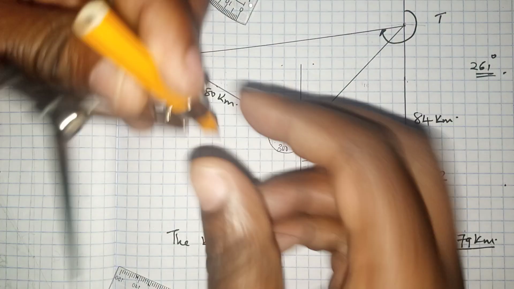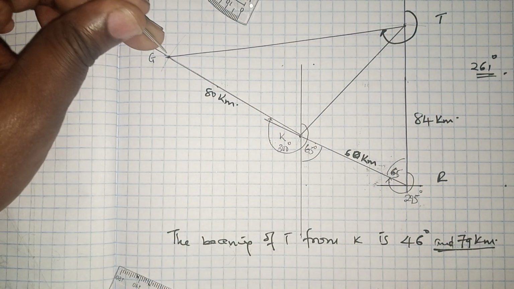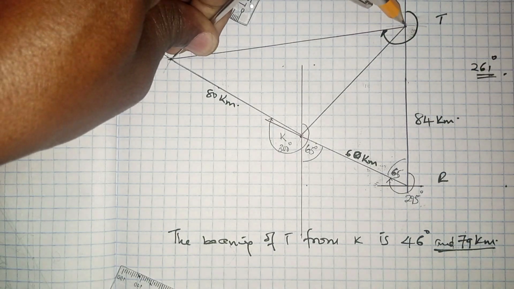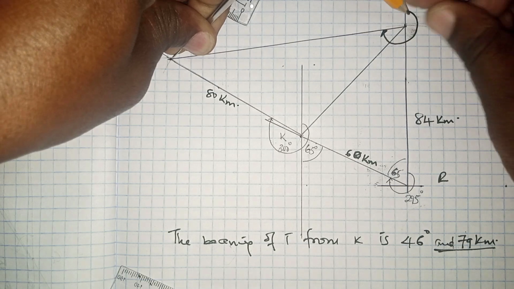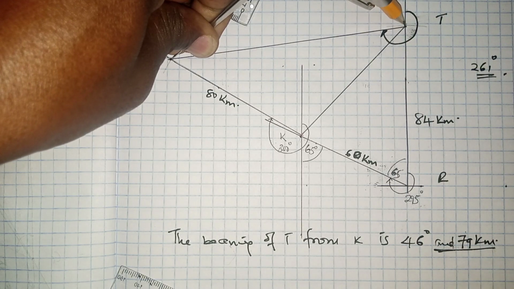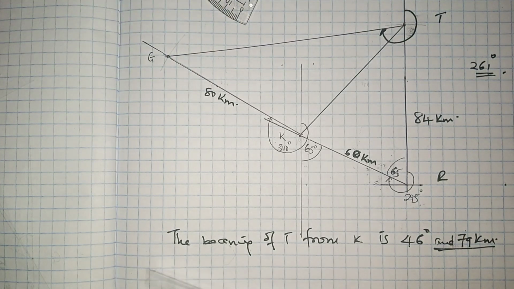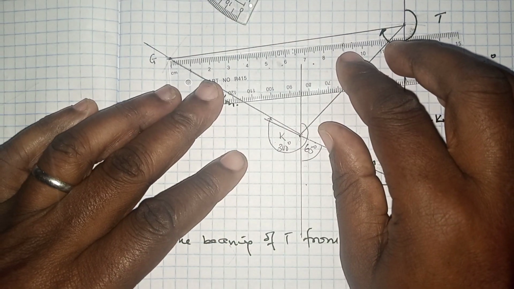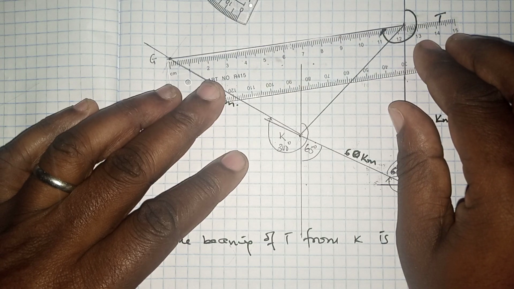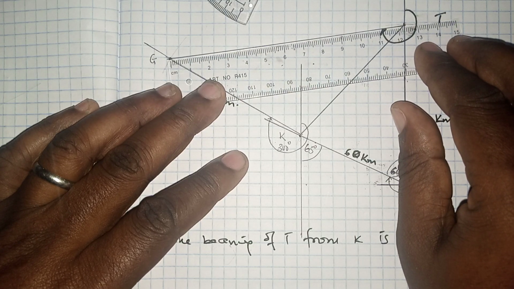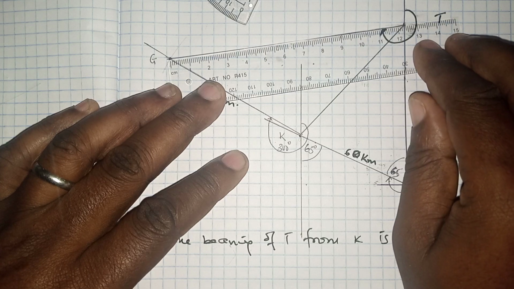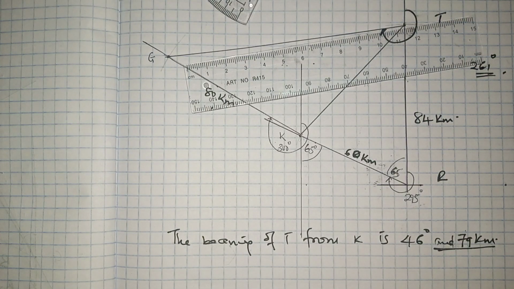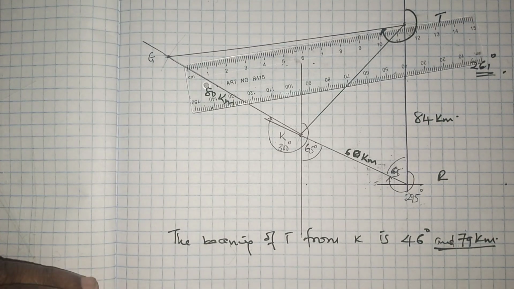What about the distance between the two towns, G and T? We can place our ruler there, which is 12.5 centimeters, which is 125 kilometers.